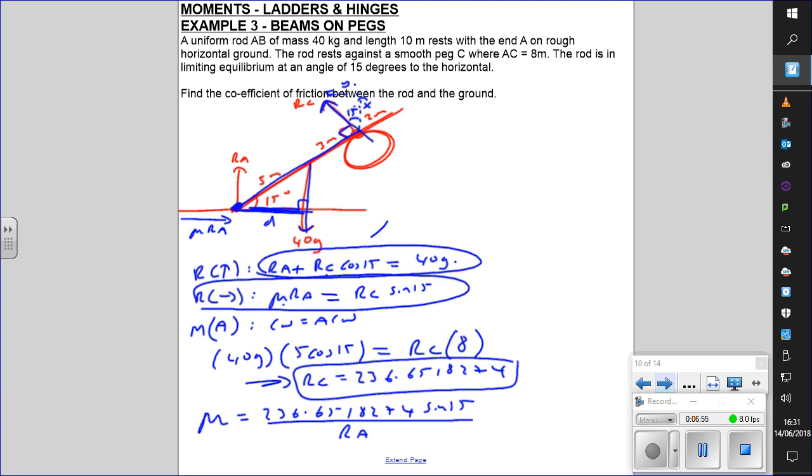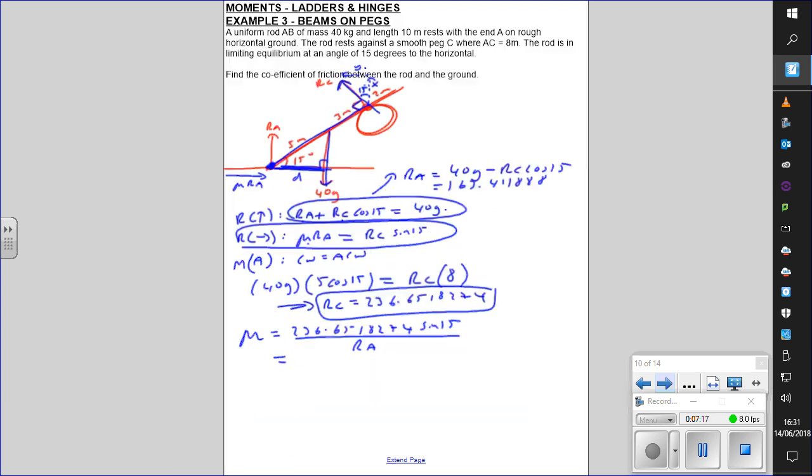Okay, so from here, RA must be 40g, subtract RC cos 15, so 40 times 9.8 minus answer cos 15. So that's 163.411888. So this must be 236.6518274 sine 15. I didn't really need to put all those decimal places in there, but I'm just going for it.